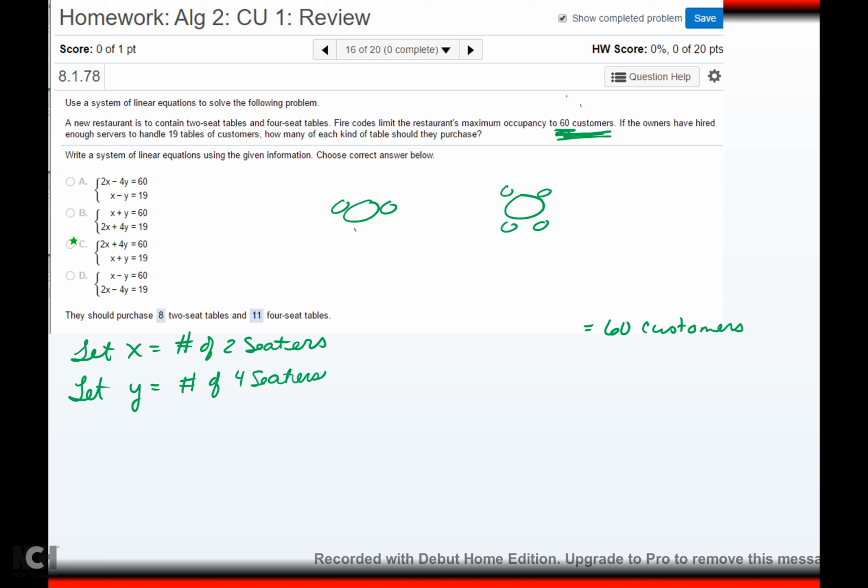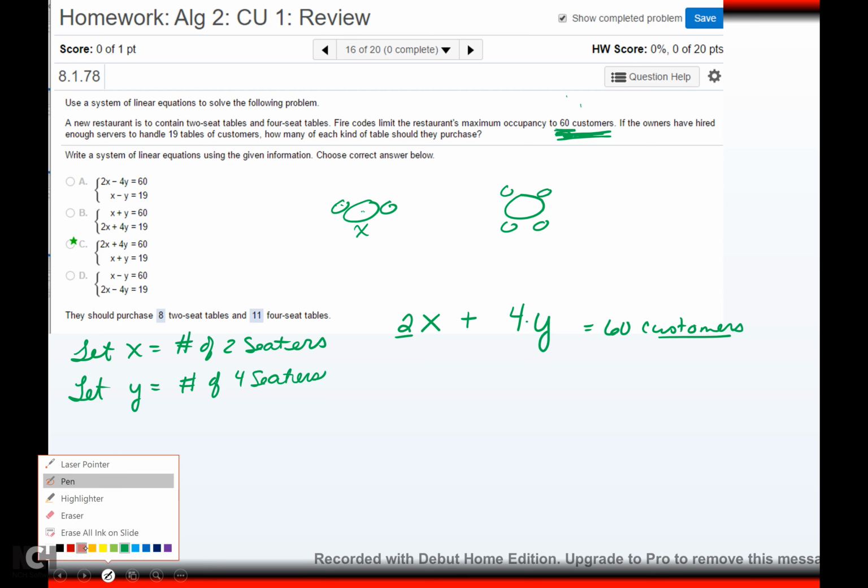Well, for every one of these x tables, there's 2 seats. So the number of customers that can sit at each one of those is 2 per x table. Because we're talking people, I got to have people touching my variables. Plus, every 4-seater table can handle 4 customers. So 4 times y would be how many people could sit at the y tables, but that can't go over 60. So there's my first equation.